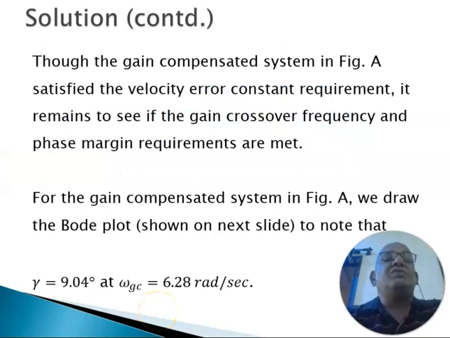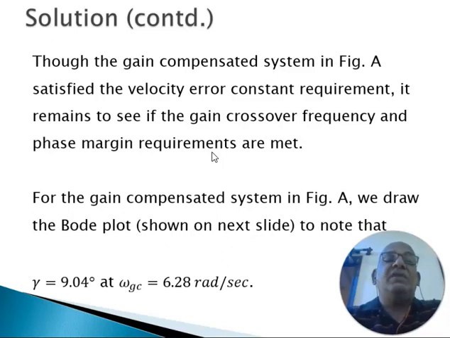Till now, what we have ensured is that this gain compensated system shown in figure A in the previous slide satisfies the velocity error constant requirement. That is, if you substitute K1 equal to 10, the velocity error constant is 40. But still, we need to see if the gain crossover frequency and the phase margin requirements are met.